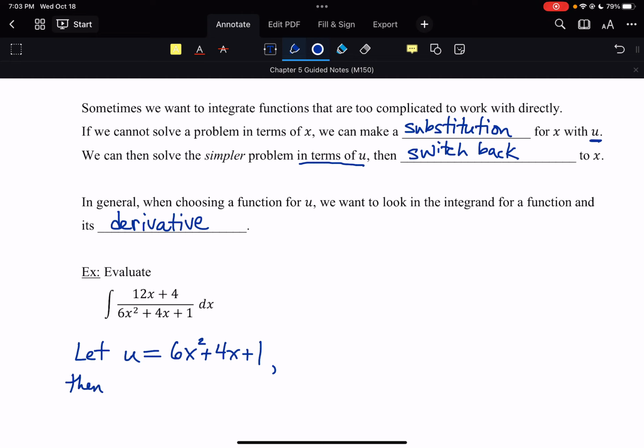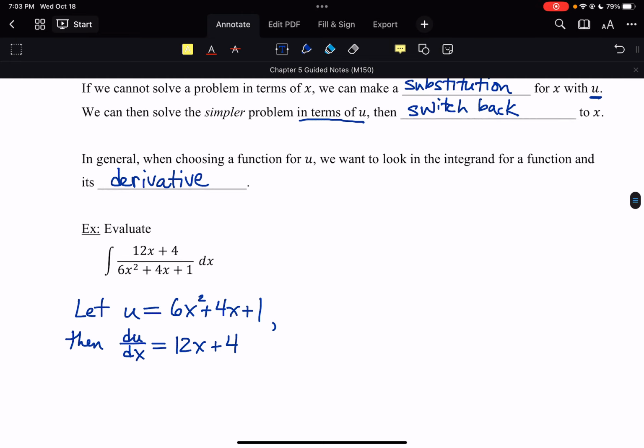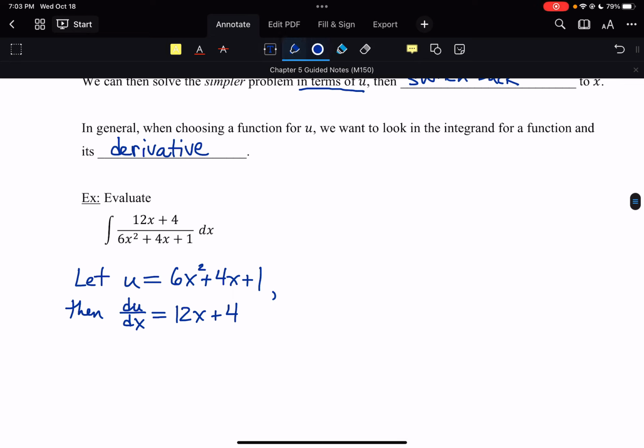Then when we take the derivative of u, we're going to use the Leibniz notation. Okay, so this fractional notation, not like u prime or something. If we take the derivative of this, we bring down the 2, that's 12x plus 4 times 1. This is the numerator.